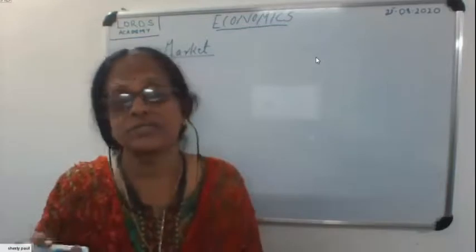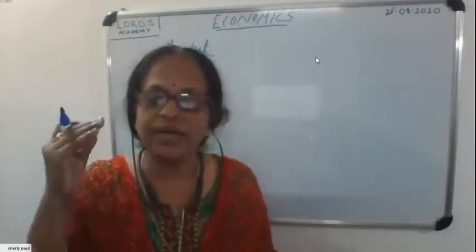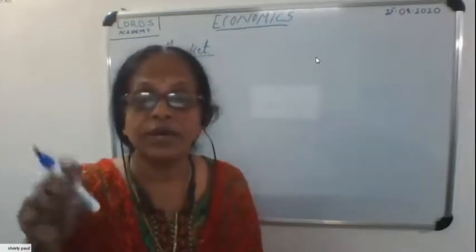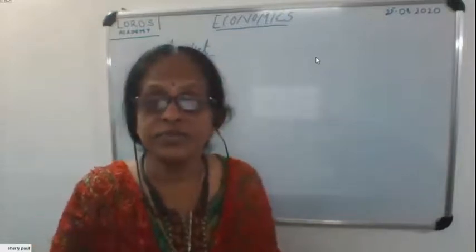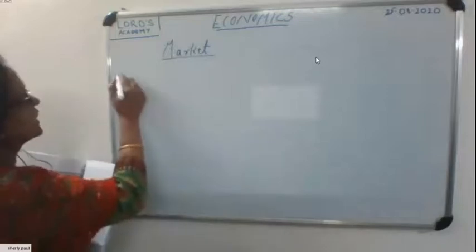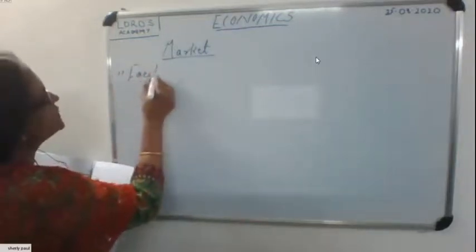Then characteristics of market. From these characteristics itself, all the points come when we are writing a definition. The first one is market is a facility or system, not a place.